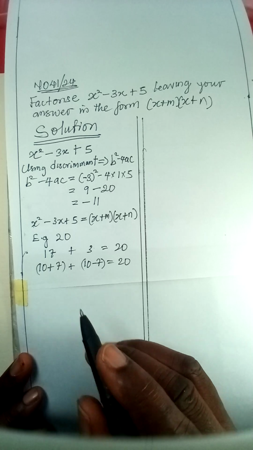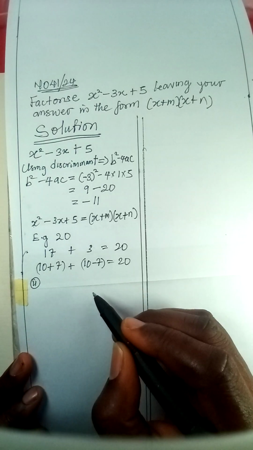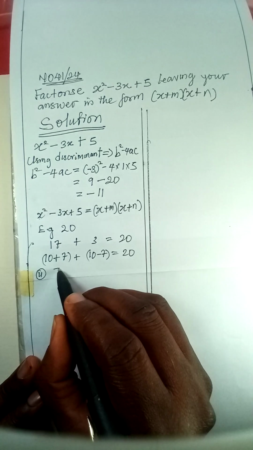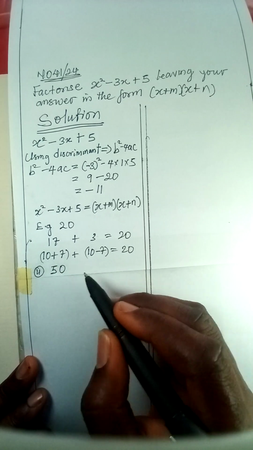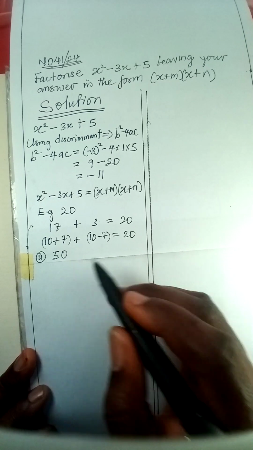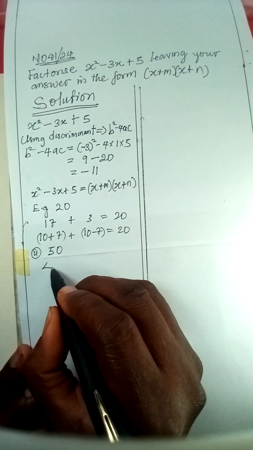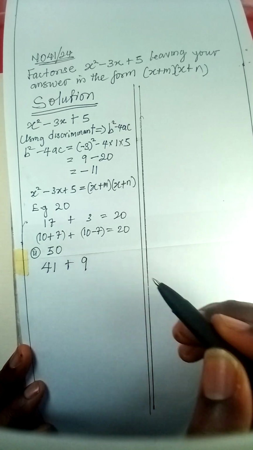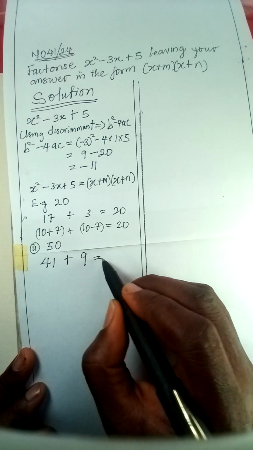Let's pick another number. Let's pick 50. Now we need two random numbers that will sum up to 50. Let me use 41 and 9. Now 41 plus 9 will give me 50.